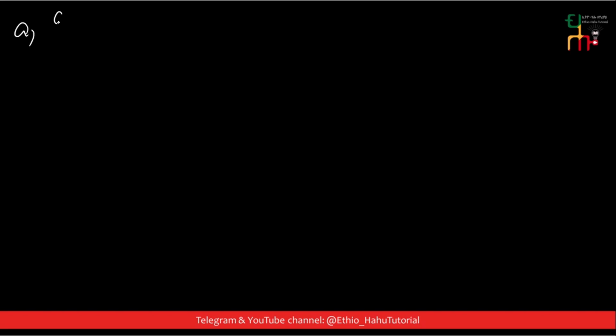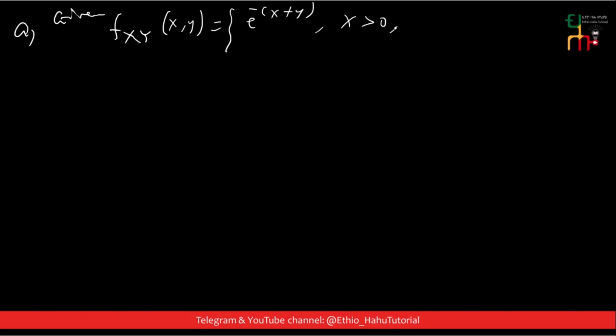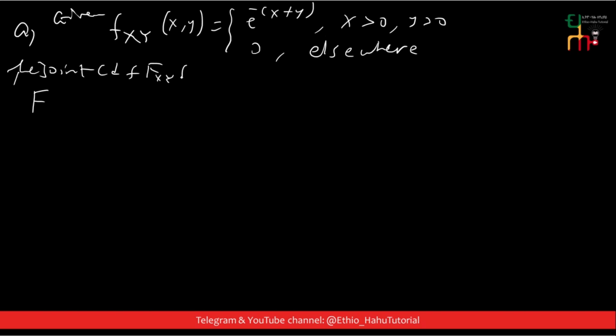ስለዚህ ጊቭናችን ምንድነው? ጊቭናችን f_XY, the joint probability density function ሰጥቷቸዋል። x, y ስንት ነው? e to the power of minus (x plus y) for x greater than 0, y greater than 0 and 0 elsewhere እንደዚህ ሰጥቶናል። ስለዚህ a ላይ the joint CDF F_XY(x, y) ስንት ነው የተባለው?